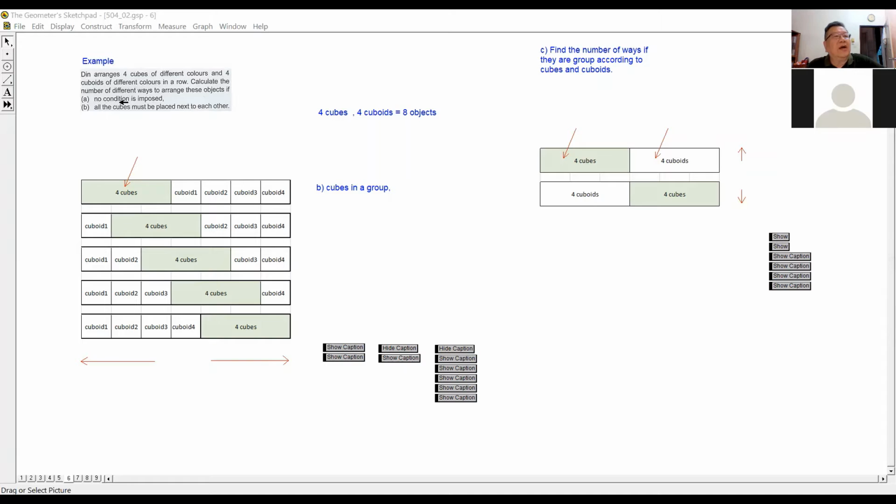So the number of ways to arrange these objects if there is no condition imposed. No condition imposed means what? Means 4 cubes, 4 cuboids, altogether there are 8 objects. How many ways of arranging the 8 objects?